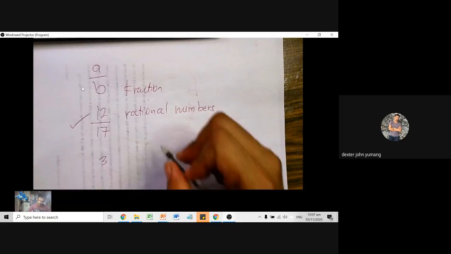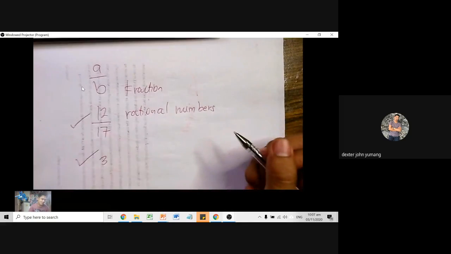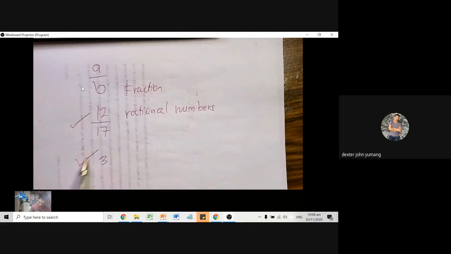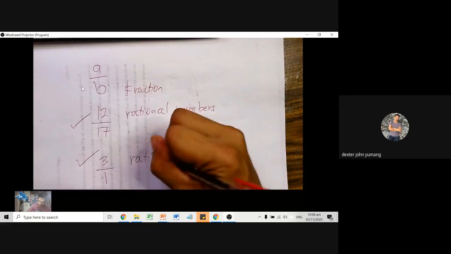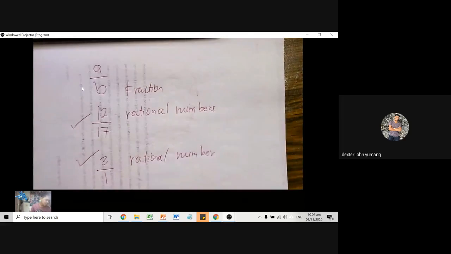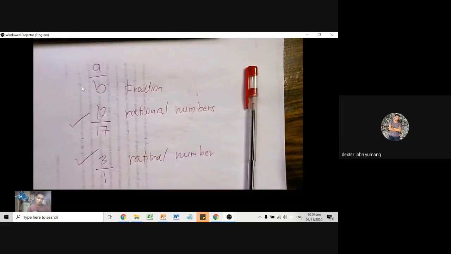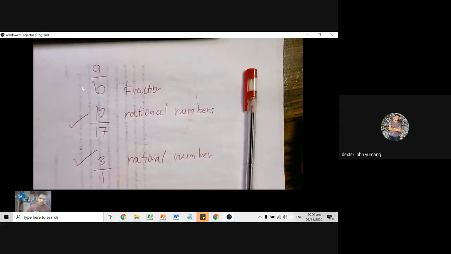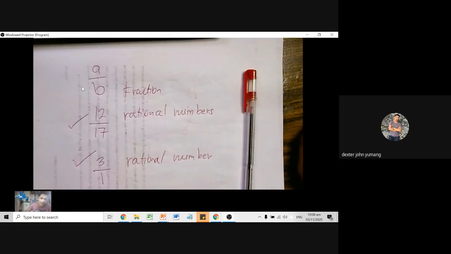The answer is yes. Bakit? Bakit siya fraction? Paano siya naging fraction? Meron po siyang invisible 1. That is the invisible over 1. So, this is also a rational number. Nabiktima kayo, no? Hindi nyo nakita yung invisible 1. So, that is also a rational number.